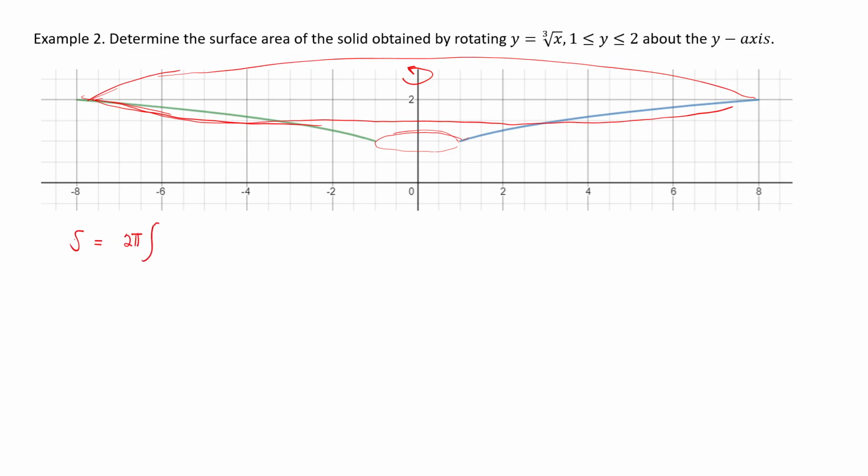Since we're rotating about the y-axis, the radius should be perpendicular to the axis of rotation. So that will be x. So from y1 to y2, square root of 1 plus dx over dy squared, and then dy.